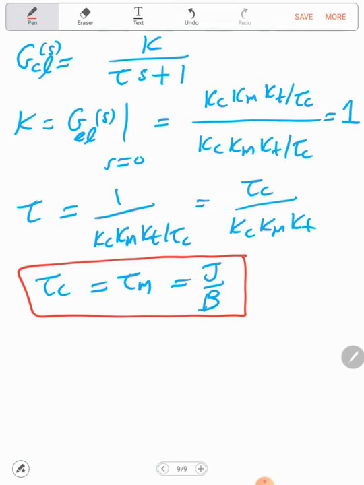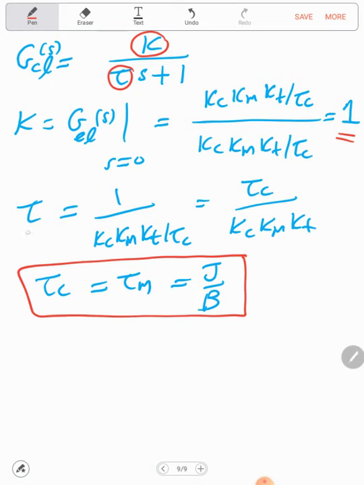So how can we modify the transient response? Here it's a first order system, and the system is fully characterized by a DC gain and the time constant. The DC gain is equal to 1, which means that the steady state value is equal to the reference value. And tau is a measure of the speed of the response.